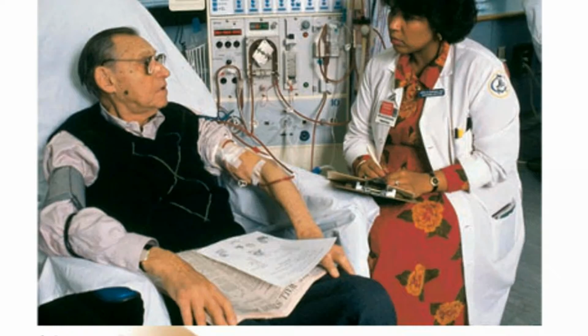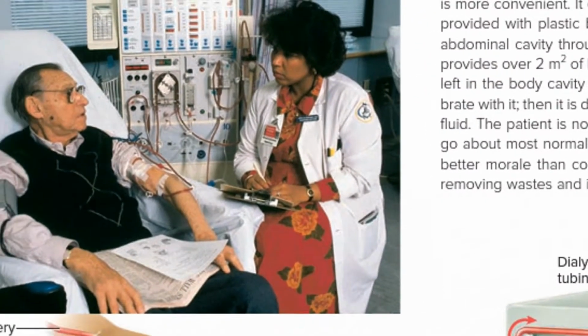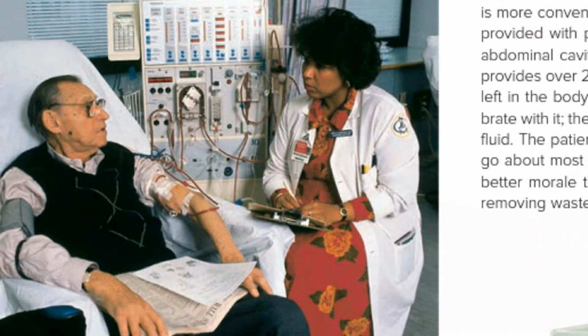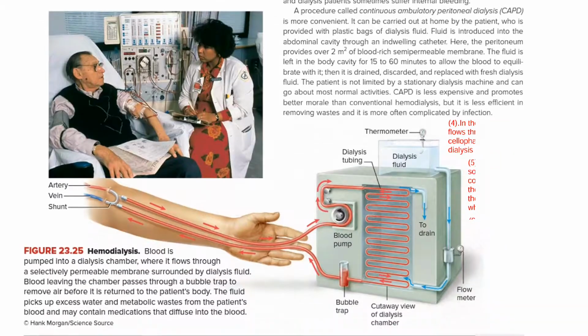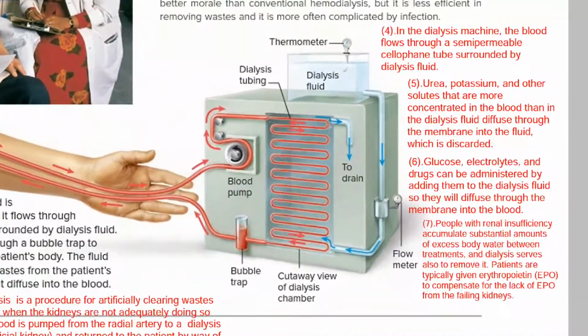As the kidneys are not working, the patient is attached to the artificial kidney. And as you can see, this is the doctor who administers the entire procedure. The doctor takes care of the entire hemodialysis procedure.